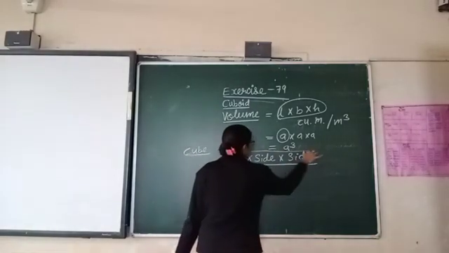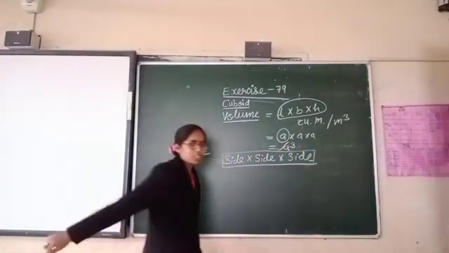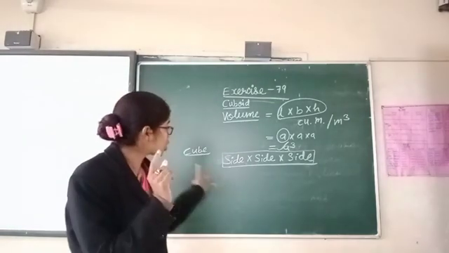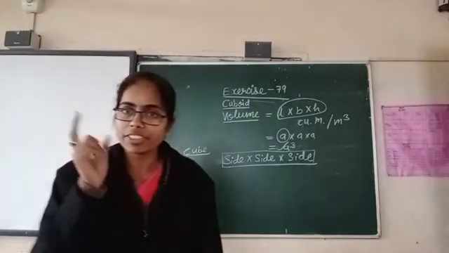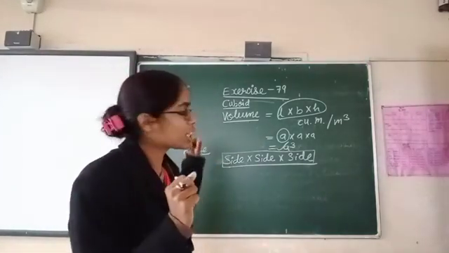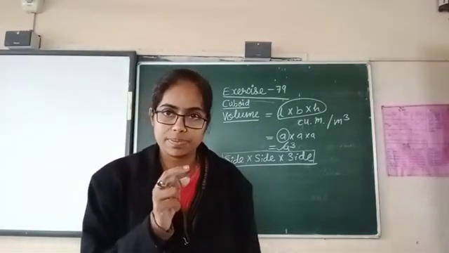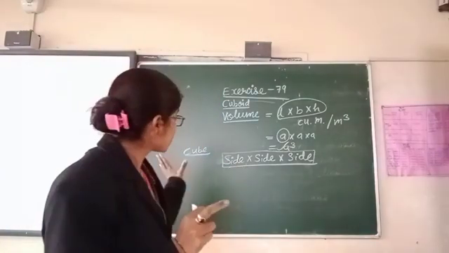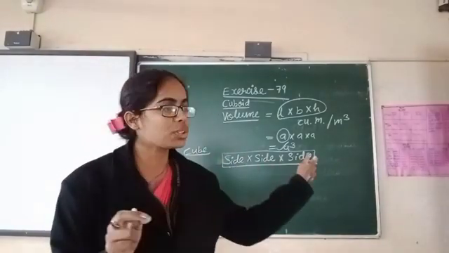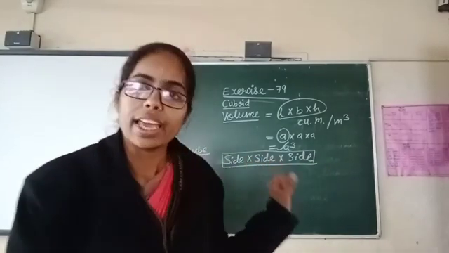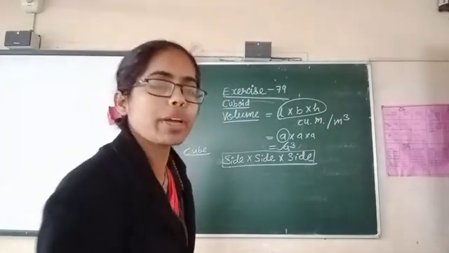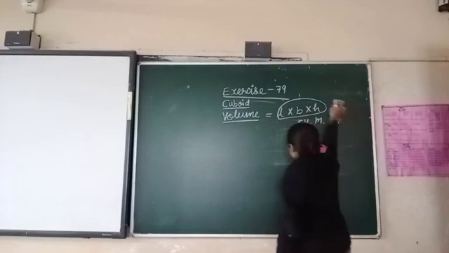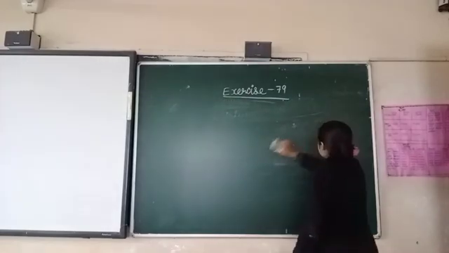When you remember the cube, you have to correlate it with the square, and when you see the cuboid, correlate it with the rectangle. Clear? The formula is the same, length into breadth into height, but when all three are the same, we write side into side into side. Okay, and what will be the unit used? Cubic meter or cubic centimeter, meaning cubic units.